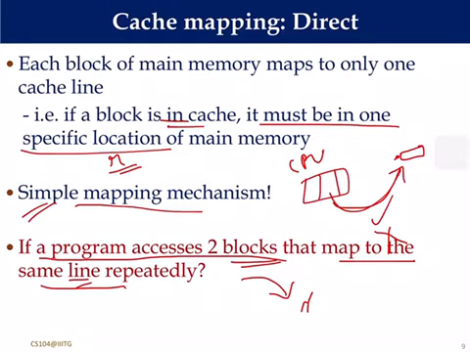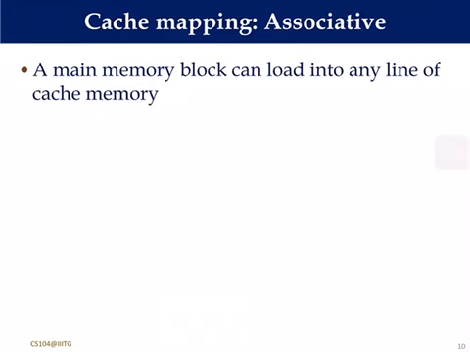Okay, now moving ahead with the next kind of mapping, which is called associative mapping. In the last discussion, we saw that there is a one-to-one connection, one cache line for one main memory block. Now this is the other way around.